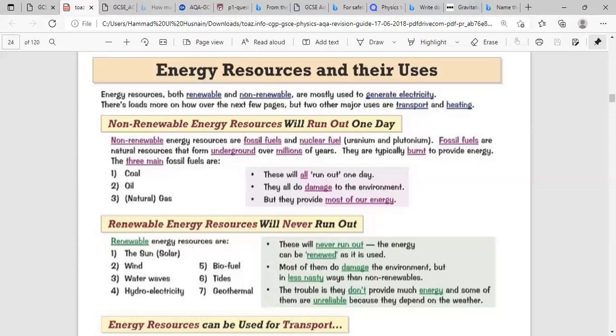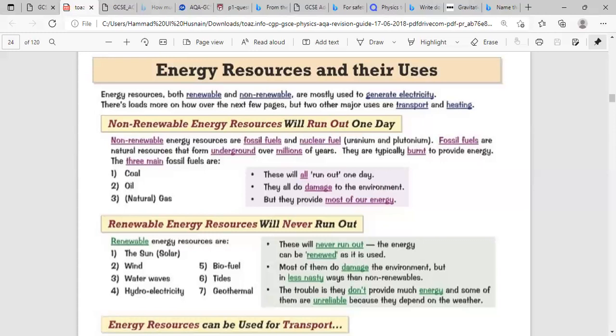There are wells of oil which we dig out in order to obtain the oil from beneath the earth's surface. We refine it and separate different types of oil, converting it into diesel and petrol, and then we use those oils as an energy source, right? So these are non-renewable energy resources.